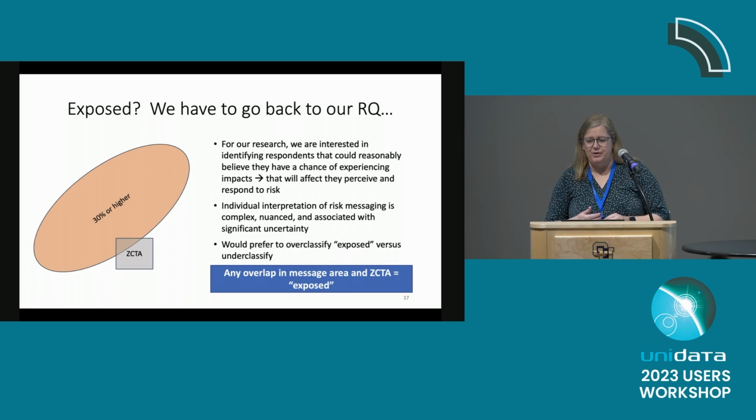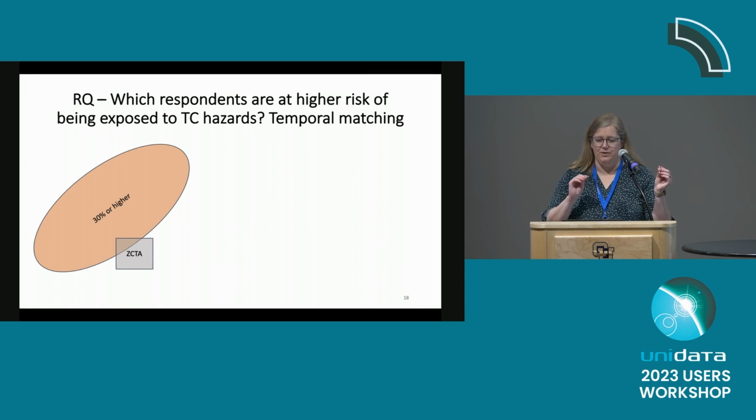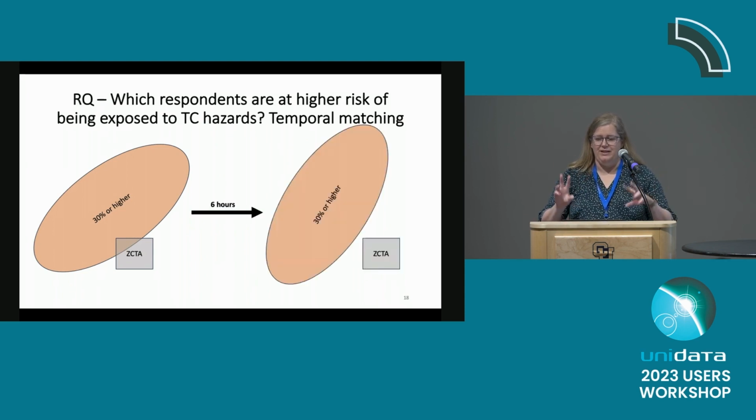So individual interpretation of risk messaging is complex, nuanced, and associated with a lot of uncertainty. But generally speaking, for this particular question, we would prefer to overclassify our exposed cases versus underclassify. So in this case, we decided that any overlap of the 30% or higher wind speed probabilities in our zip code area would be considered exposed spatially.